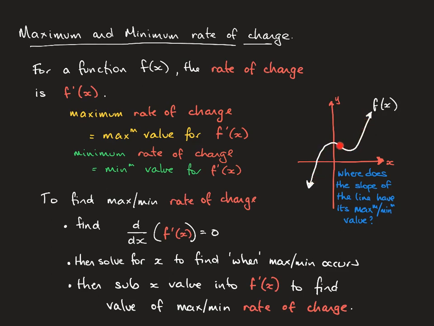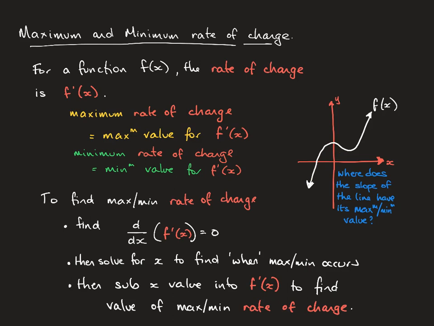The rate of change is the slope, so it's asking where does the slope of the line have its maximum value or its minimum value? Where is the slope of this line at maximum steepness or minimum steepness, if that makes sense?